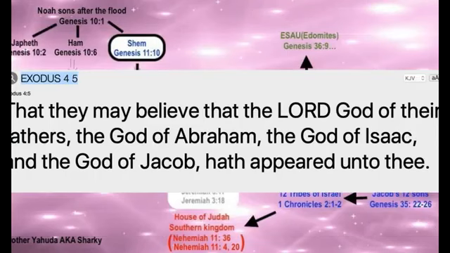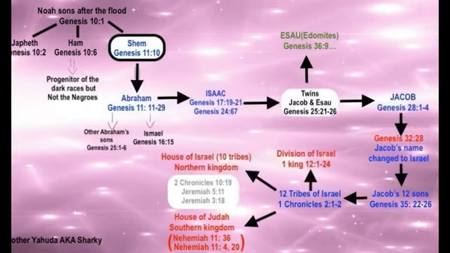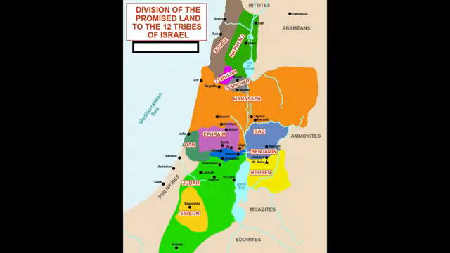And down the line, Jacob's name was changed to Israel, and he begot 12 sons, which became known as the nation of Israel. And initially, the kingdom of Israel was under the rulership of King David. It was just one nation, and it was passed down to Solomon.